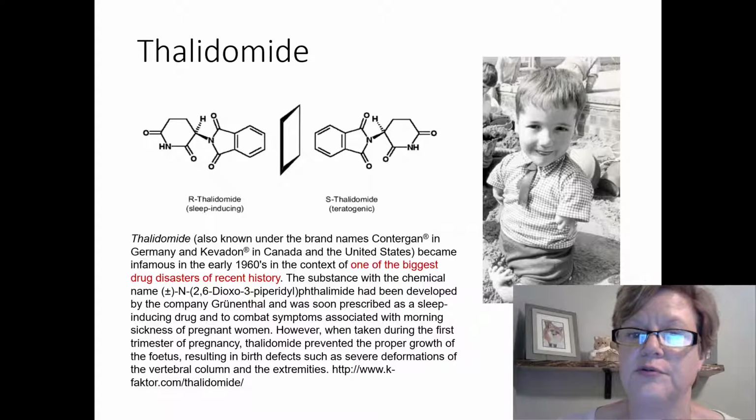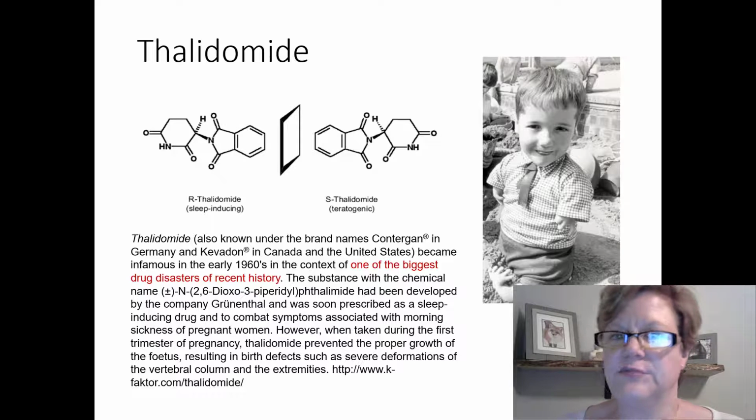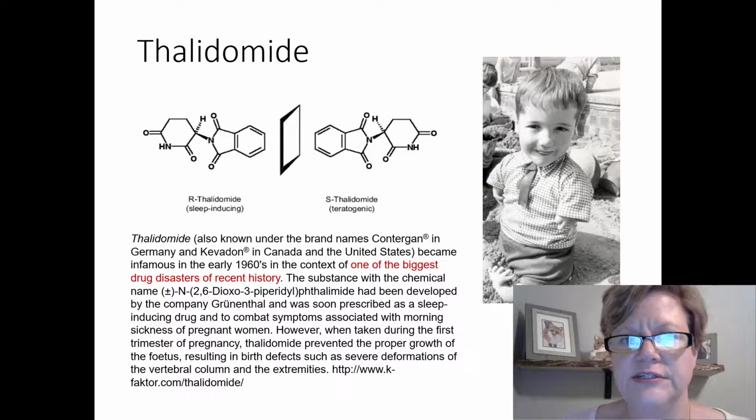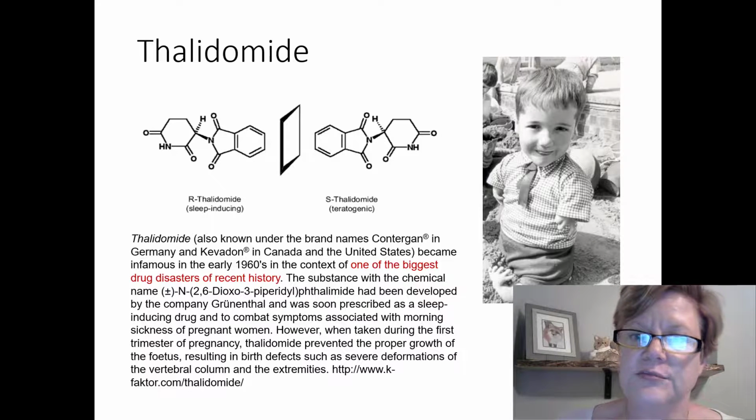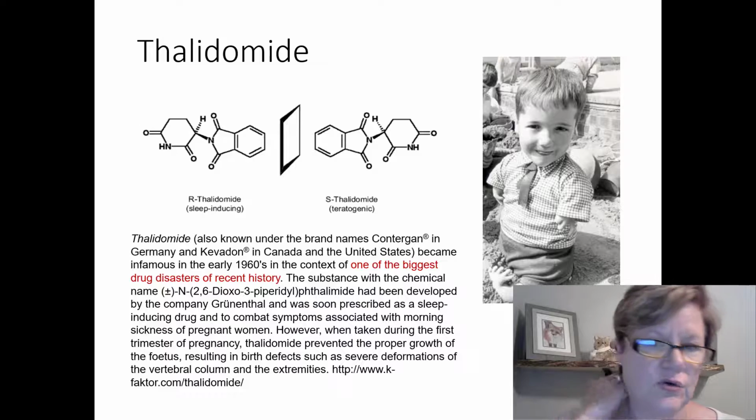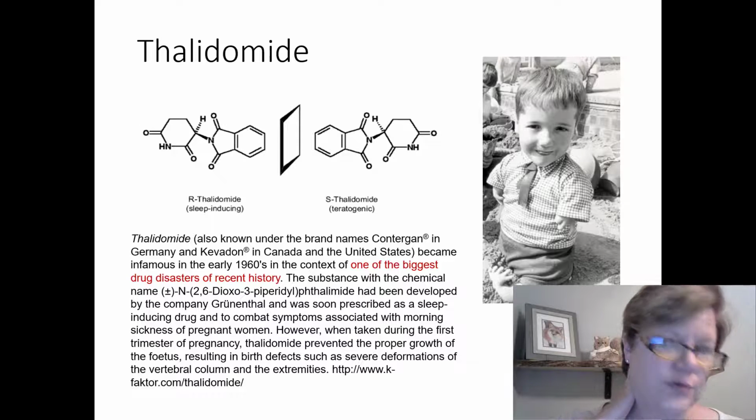So it was prescribed quite a bit. Usually the body just won't react to the other isomer at all. It's just completely harmless. But it turns out in this case, the other isomer of thalidomide, which would be mixed into any drug that was synthesized, had the effect of birth defects.